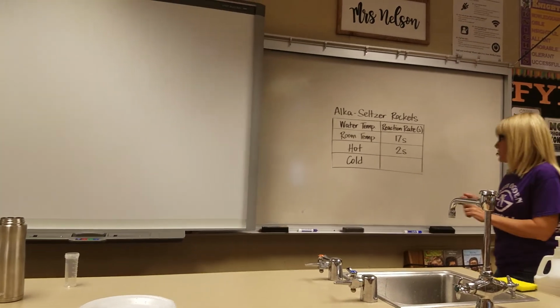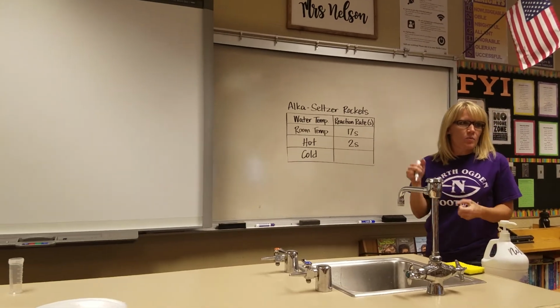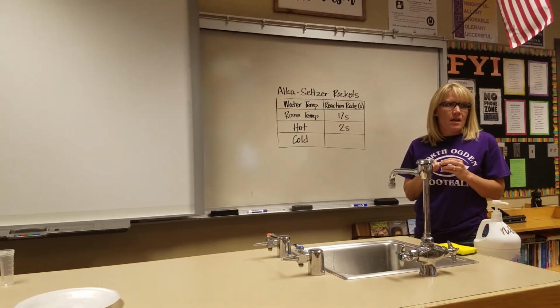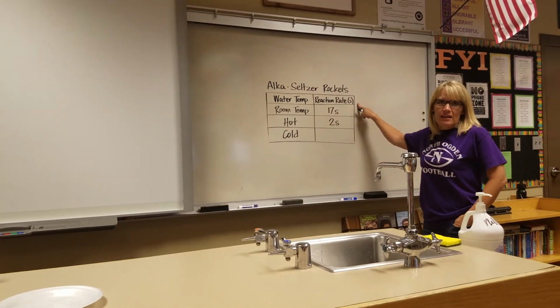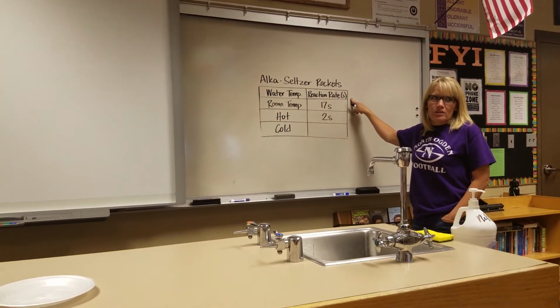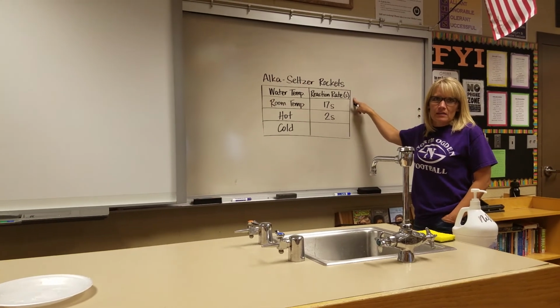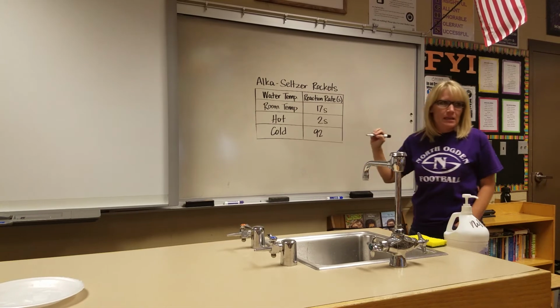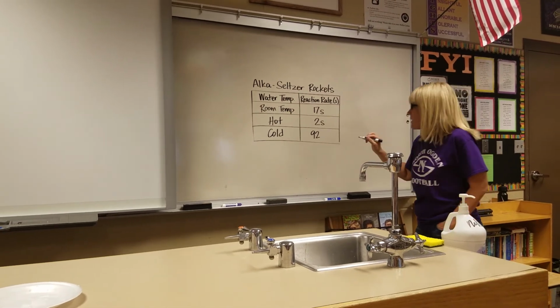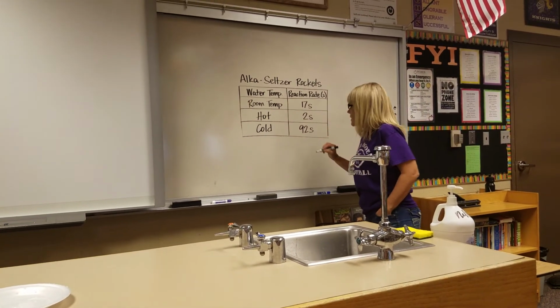And there it goes. So cold water, our time was a minute and 32 seconds. If you look, our data table says we should put that in seconds. So a minute and 32 seconds is going to be 92 seconds. We take 60 seconds in a minute and then add our other 32 seconds.